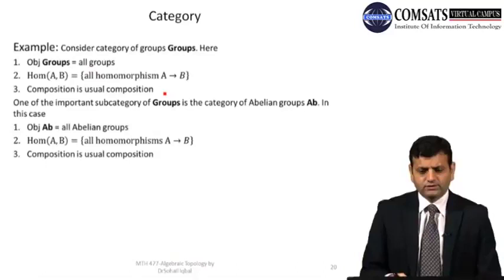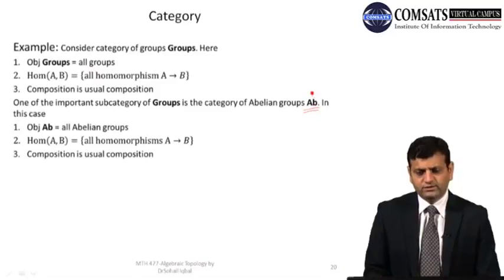An important subcategory of the category of groups is the category of abelian groups, and we denote it by AB. Denoting the category of groups by Grp in bold letters and the category of abelian groups by AB in bold letters is very standard notation. What are the objects?